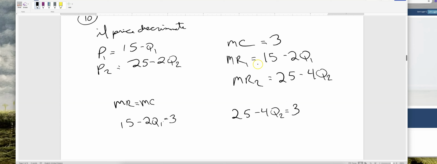Right, because each of these marginal revenues, because this is a price discriminating firm, single price monopolist in each market, then their marginal revenue is twice as steep as their inverse demand.